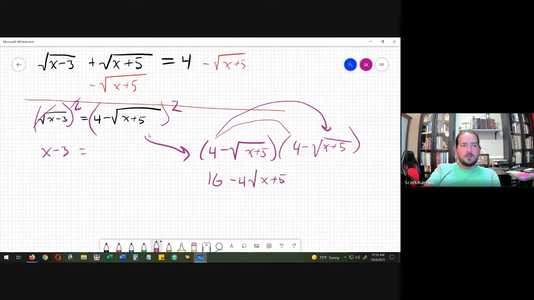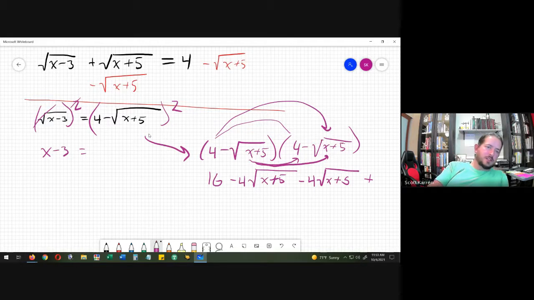And then the minus root gets multiplied by the 4, so I get another minus 4 root x plus 5. And then the minus and the minus cancel out to give me a plus. But the root x plus 5, the root x plus 5, that's like squaring it, so that just gives me x plus 5.